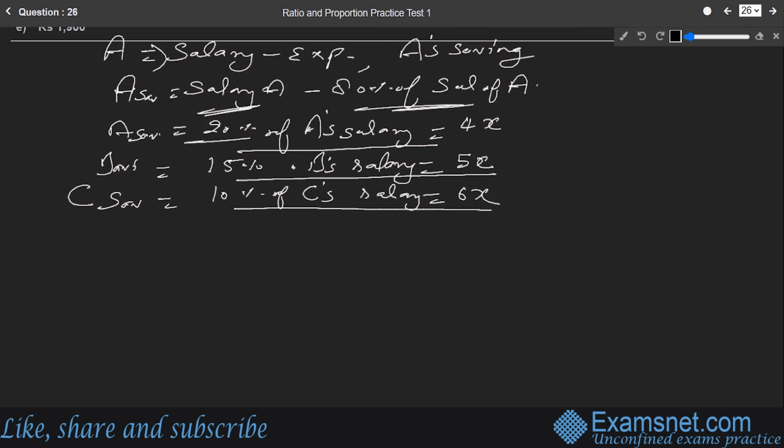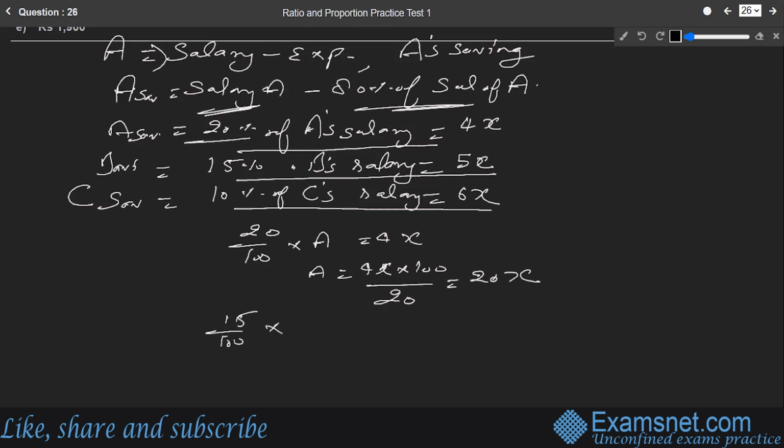So we can find out A's salary, B's salary and C's salary. 20 by 100 of A's salary was 4x, so A's salary is 4x into 100 by 20, which is 20x. Similarly, 15% of B's salary was 5x, so B's salary is 5x into 100 divided by 15, which comes out to be 100 by 3x.